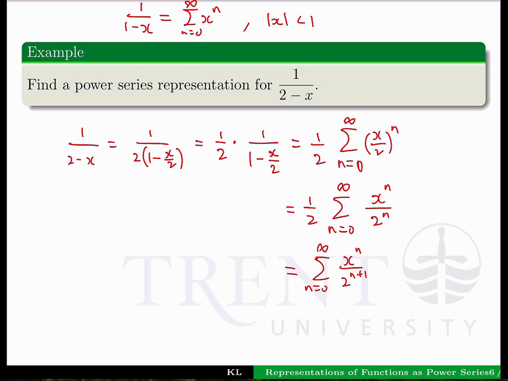plus infinity, provided that the absolute value of x over 2, take note of this one here, is less than 1, or the absolute value of x is less than 2.